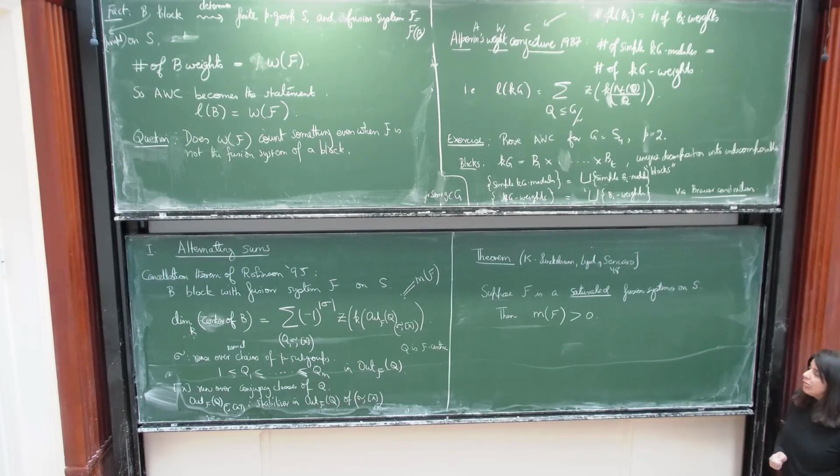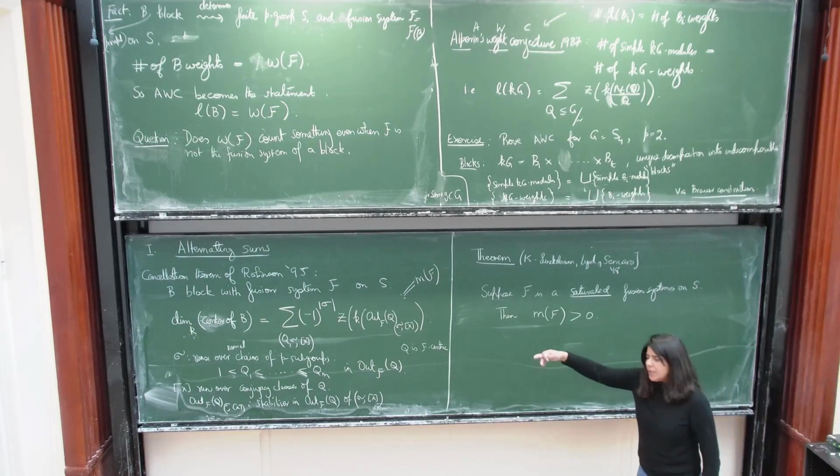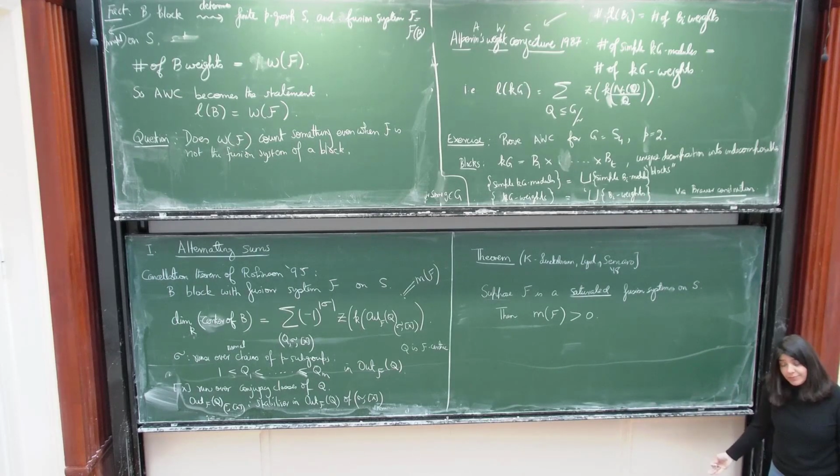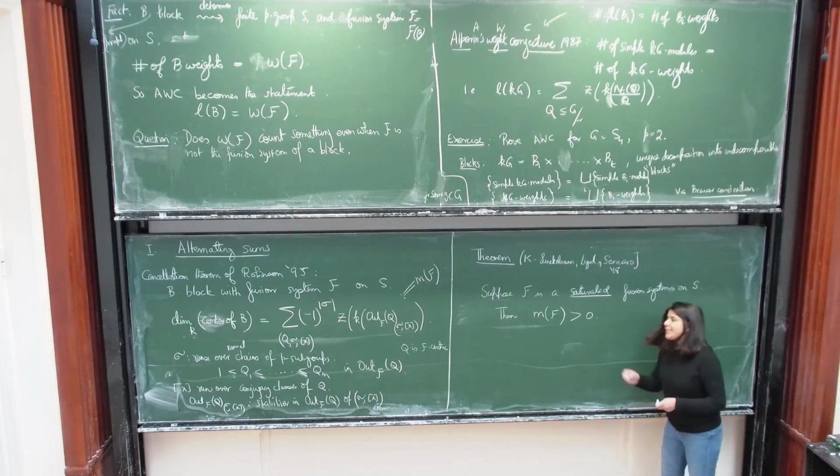Is it the dimension of the center of something? Don't know. That's the question. All we know is that it's positive, and you can give a formula. Don't know if it's the dimension of anything, but it's just an indication that it is counting something.